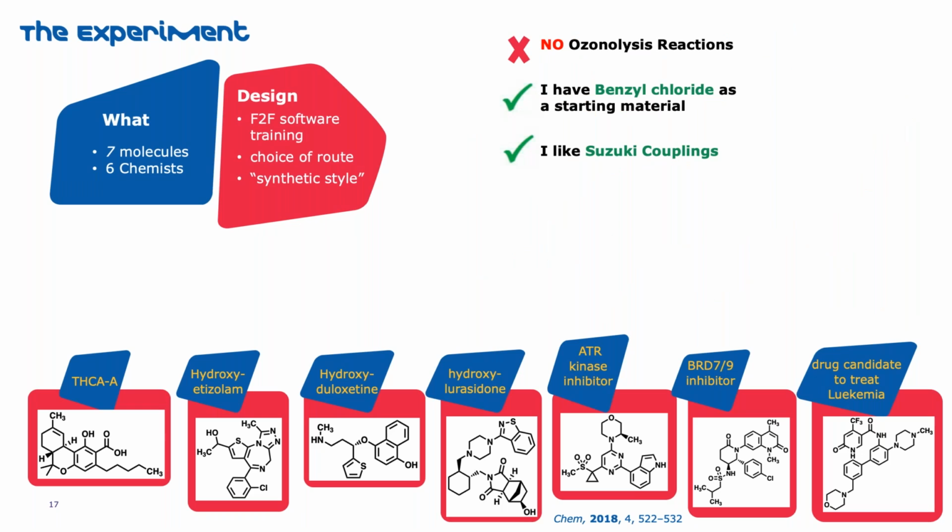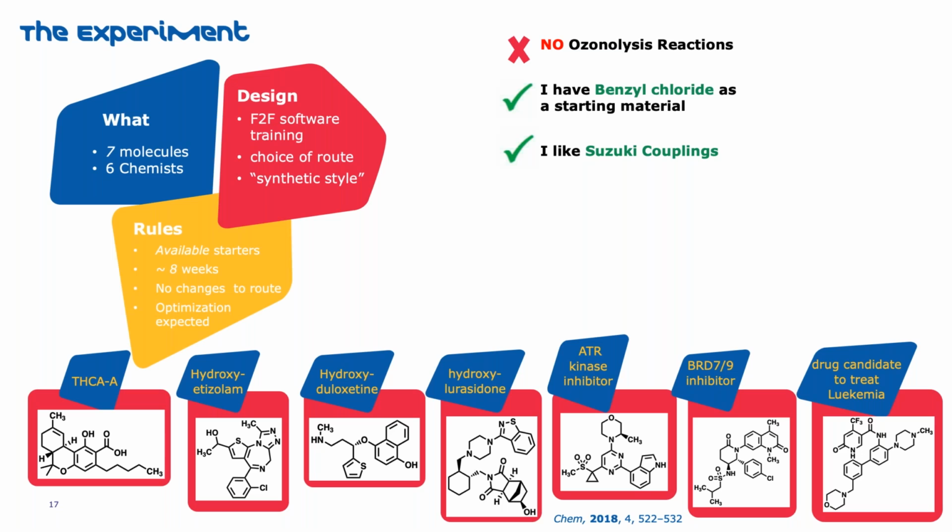So for instance, if there were certain reactions or reagents they needed to avoid for safety reasons, they could add that information. They can also define what starting materials they have available and give some of that input as to what reactions they want to do or avoid.